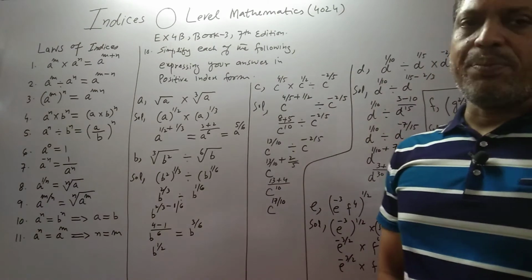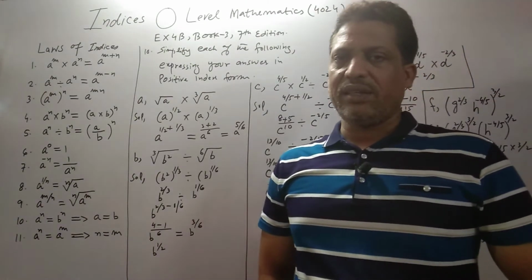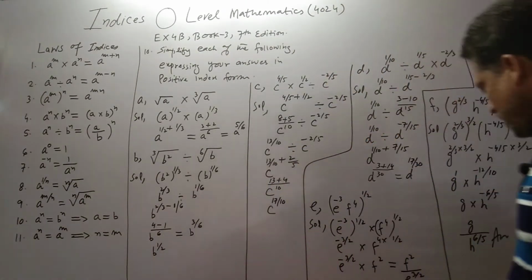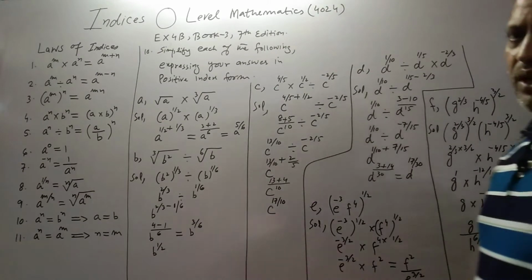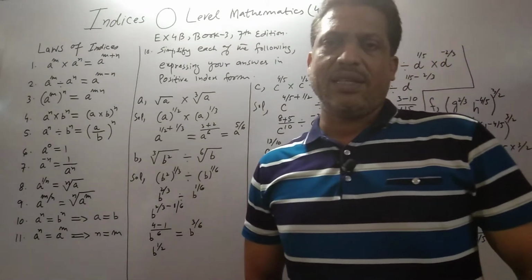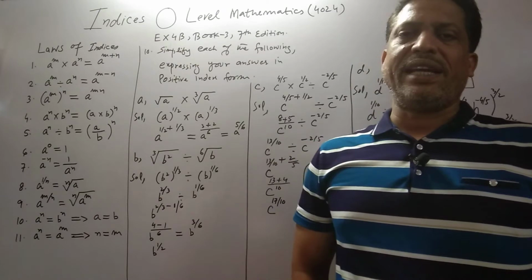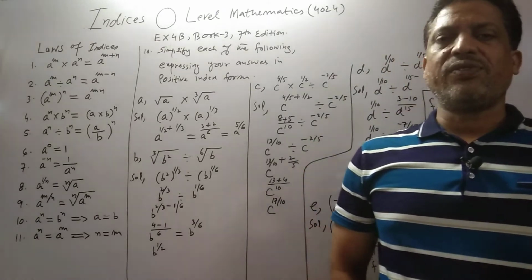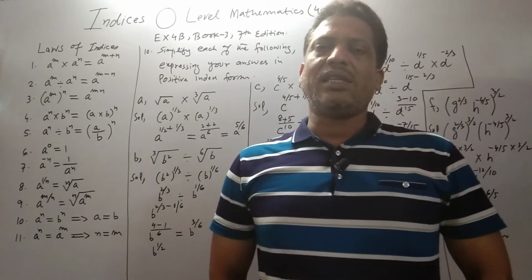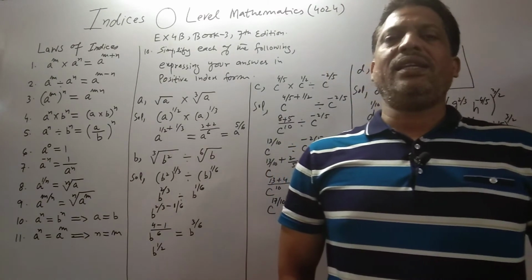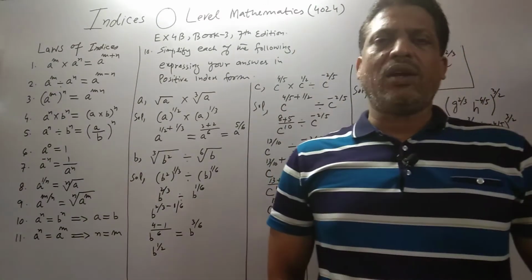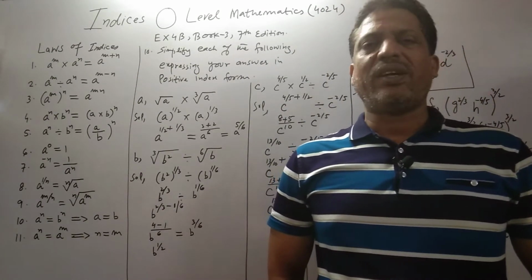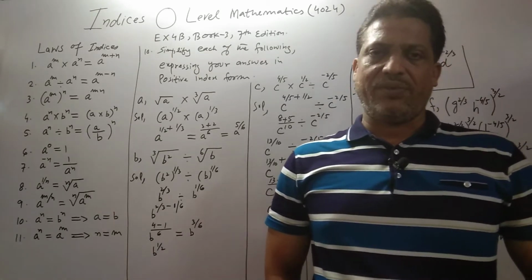In each and every part of question number 10, from part A to part F, we have to give the answer in positive index form. Positive index form means the last step should be in positive exponent, or you can call it positive power, or positive index form.